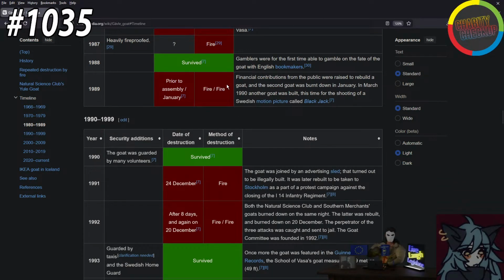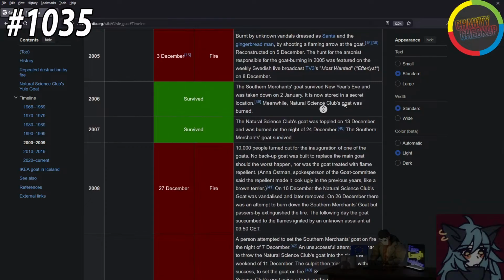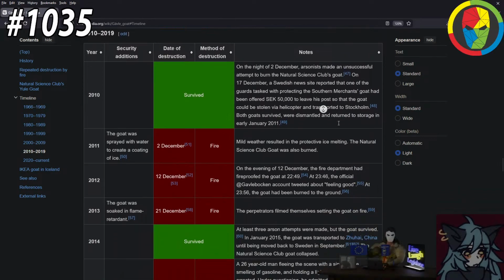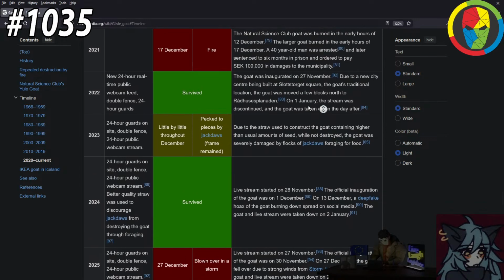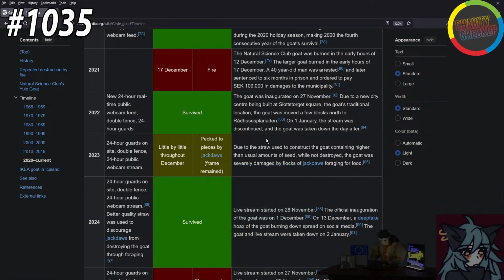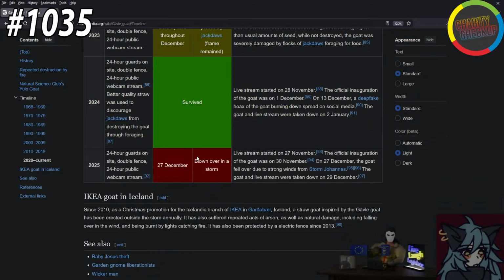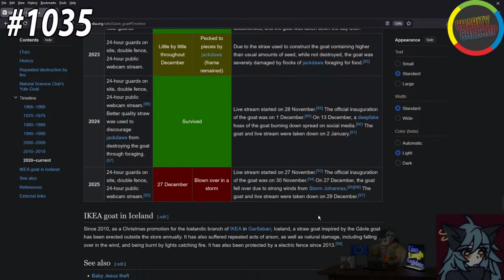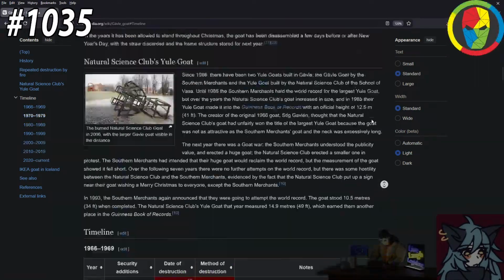Fire slash fire. Oh, try to end it. Yeah, that is hilarious. Oh, this is absolutely comical. Back to be legend. Oh my goodness. It was blown over in a storm. Oh. This is absolutely comical. I had no idea that was a thing.